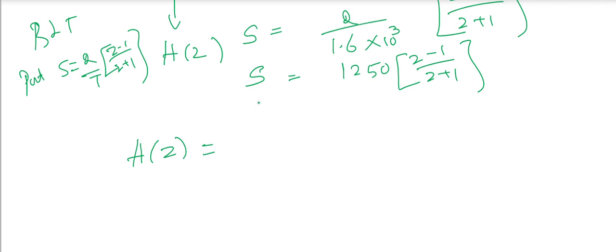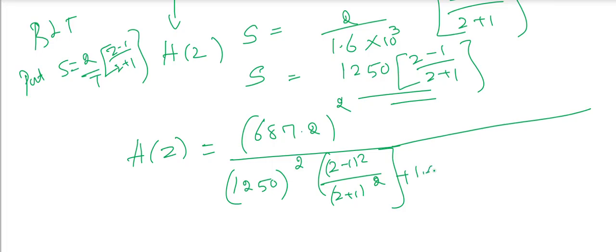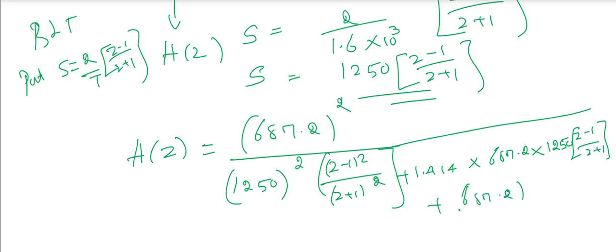The numerator term is 687.2 the whole square, divided by 1250 squared into z minus 1 the whole square by z plus 1 the whole square, plus 1.414 into omega c, 687.2, into s, which is 1250 z minus 1 by z plus 1, plus omega c squared, 687.2 the whole square.